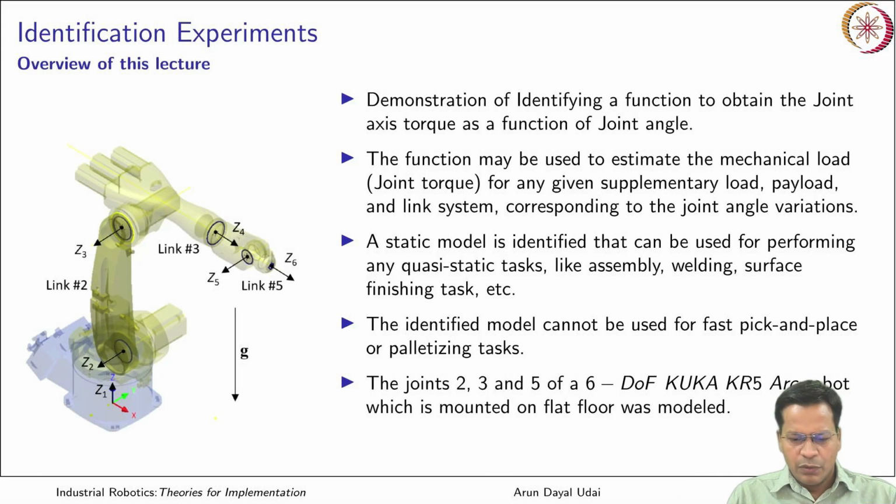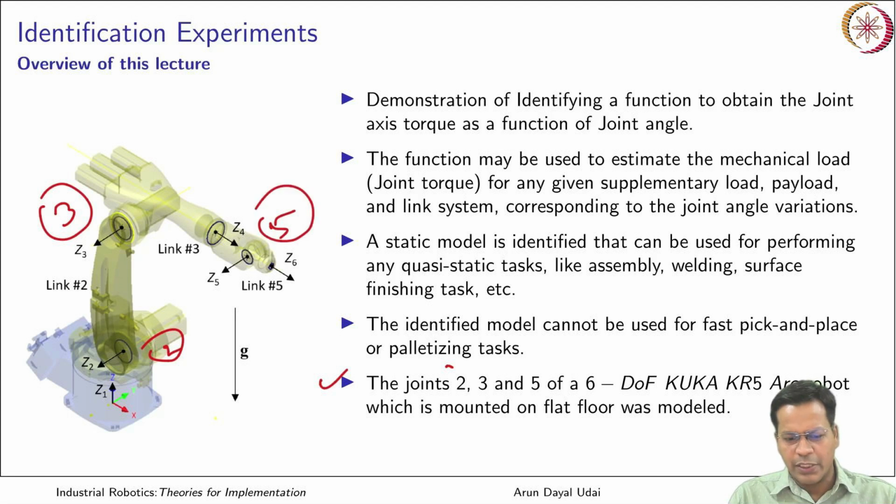This lecture will be covering only three joints: the second joint which is here, the third joint, and the fifth joint. I'll be identifying the torques which are going to come on these three only.